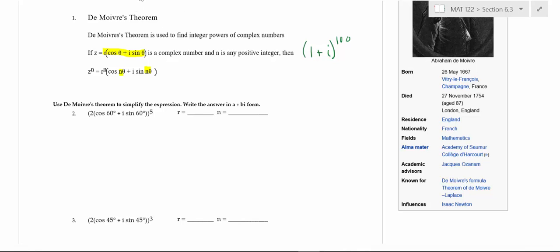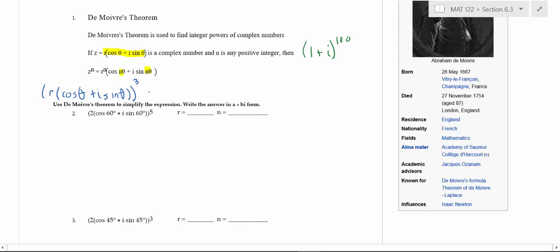So one of the things that I'd like you to write down is, let's just take an arbitrary complex number. Again, we call this the r cis theta form, where we have r times cosine theta plus i sine theta. And what we're going to do is take this thing and work with the third power. This will demonstrate to you the logic behind de Moivre's theorem.